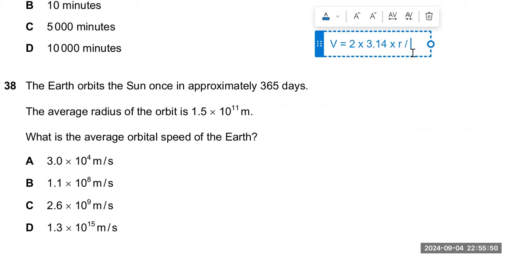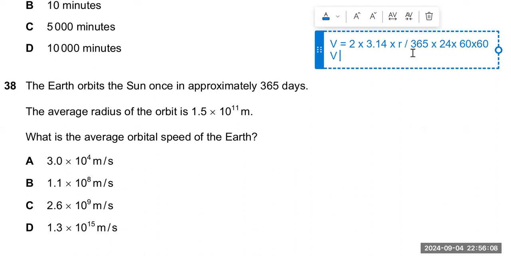So you have to convert these days into seconds. In one day we have 24 hours, in 1 hour we have 60 minutes, and in 1 minute we have 60 seconds. I have to put the value of radius also.